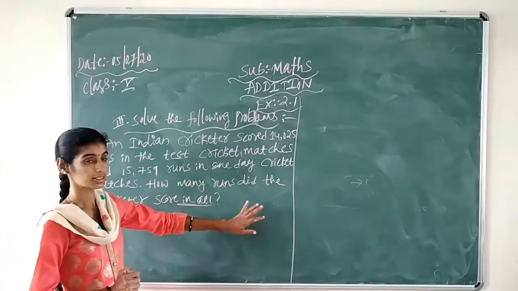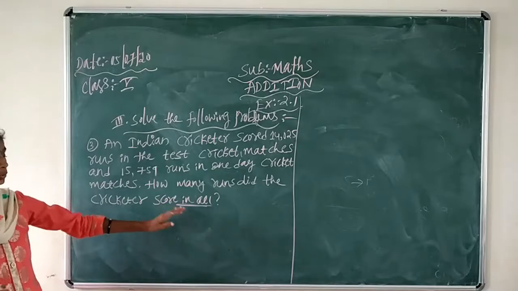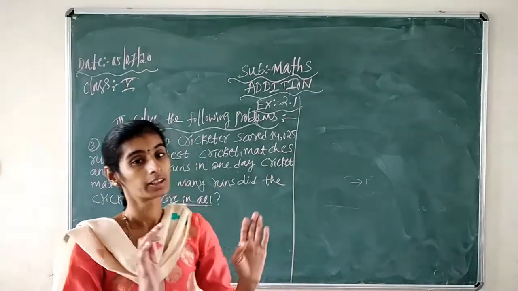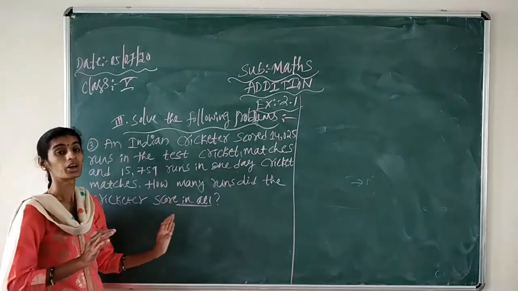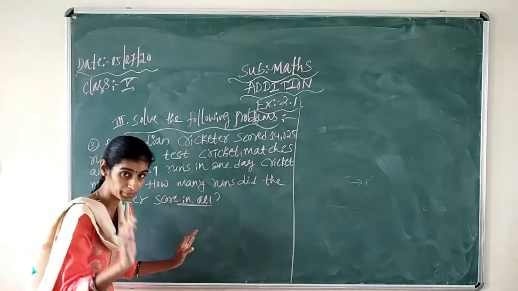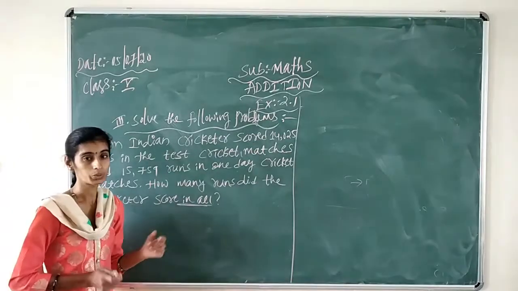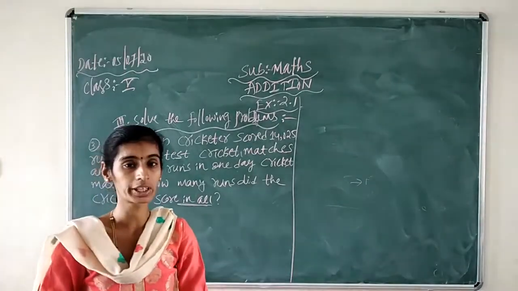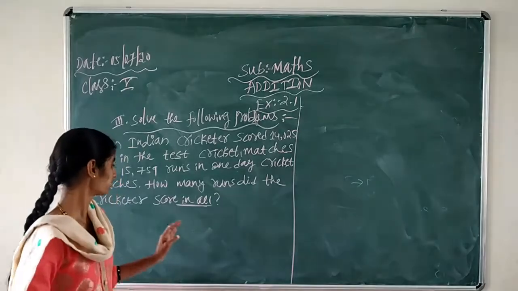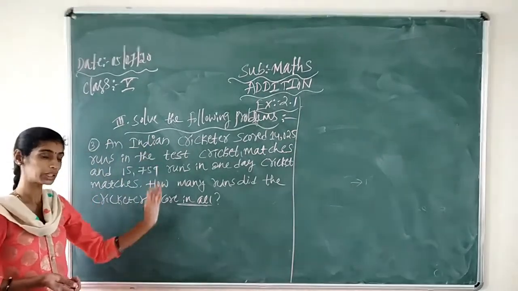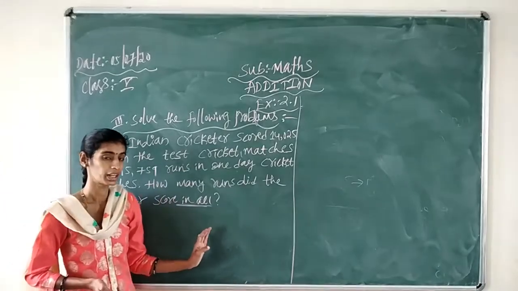So now what is our question? How many runs did Virat Kohli score all together? You need to find that. So how do we find it, children? Yes, we get the total number of runs made by Virat Kohli by making the addition.